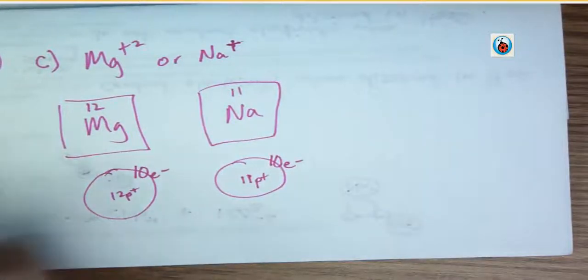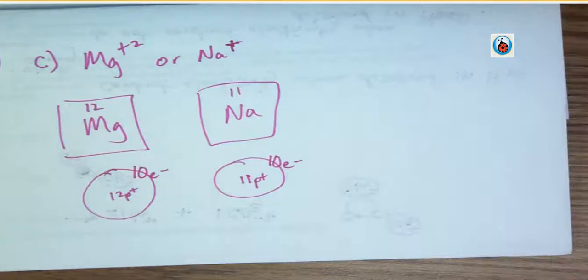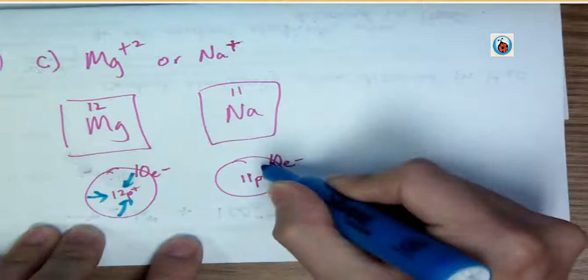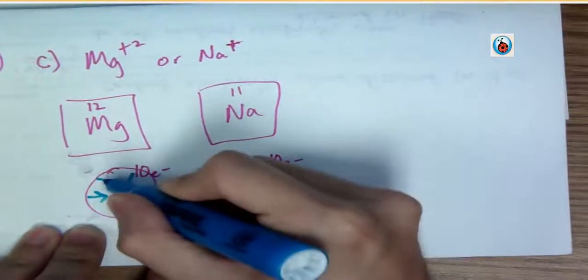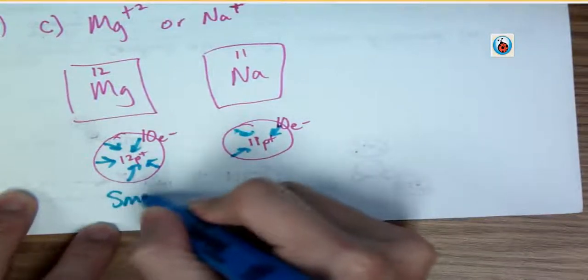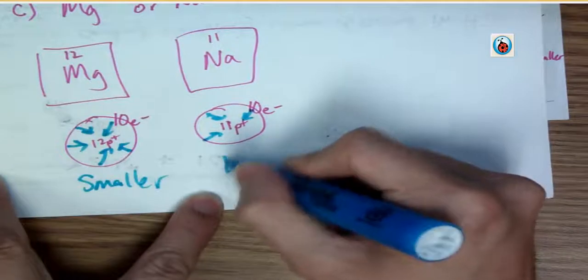So, which one will be smaller? Which one will be larger? So, 12 protons are going to pull a lot stronger than 11 protons. So this one, the magnesium 2 plus, is smaller. The sodium is larger. So that's how you determine those.